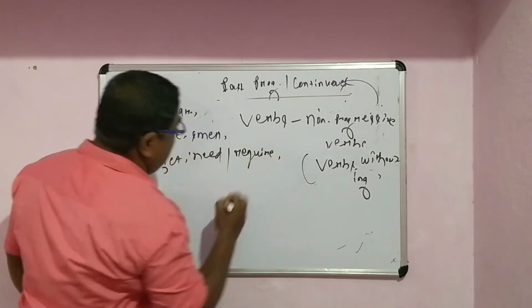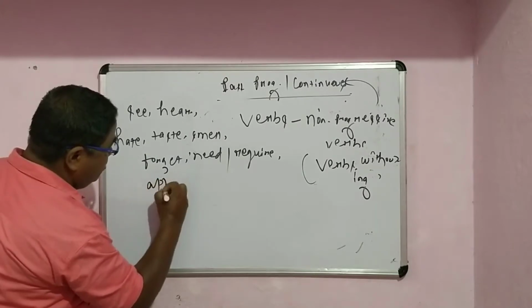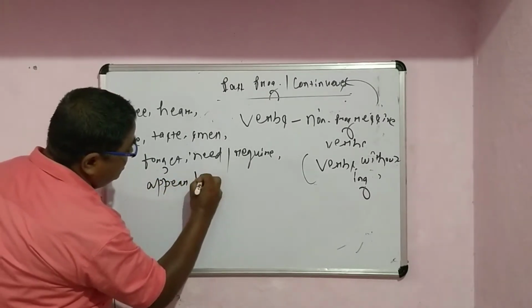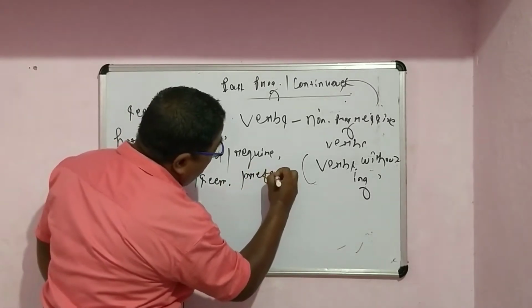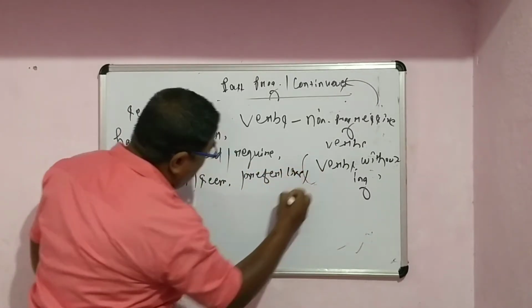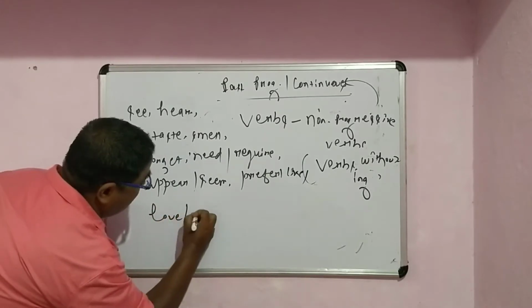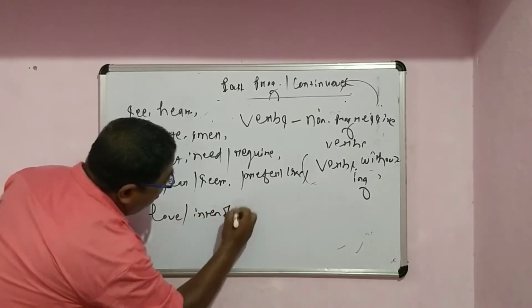Another verb is appear or seem. Next verbs are prefer, like, love, intend or desire.